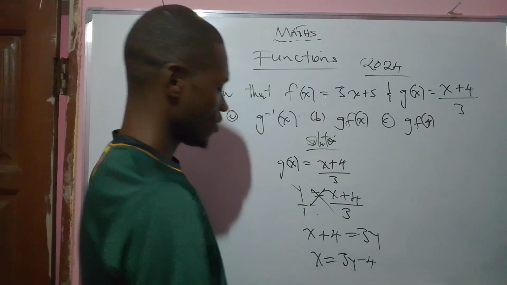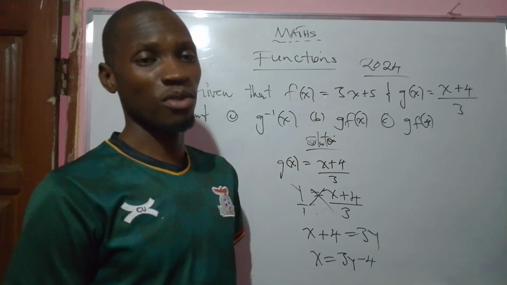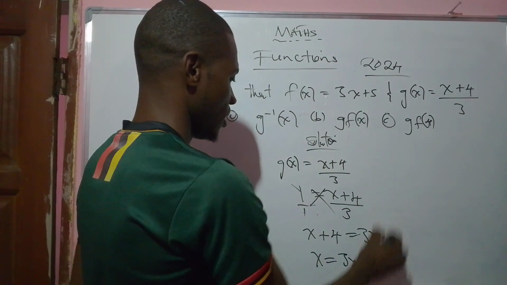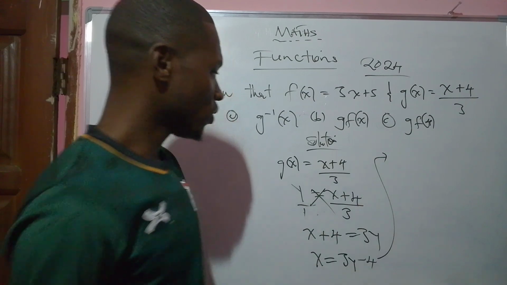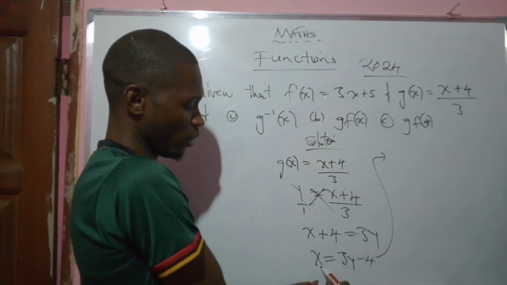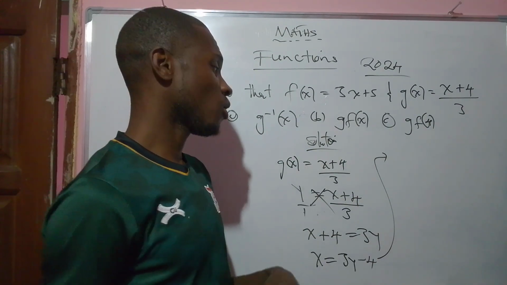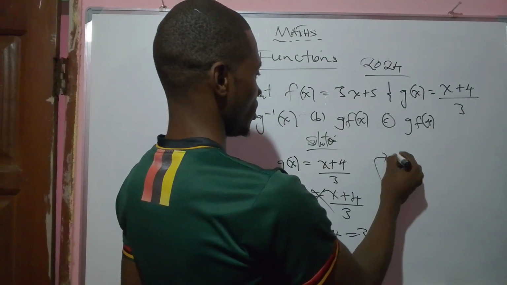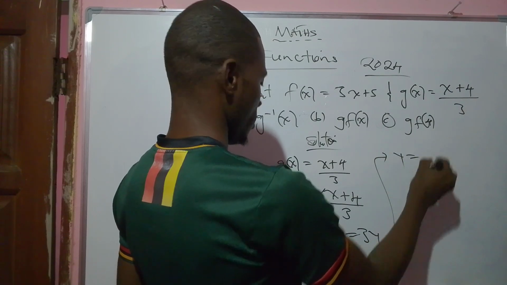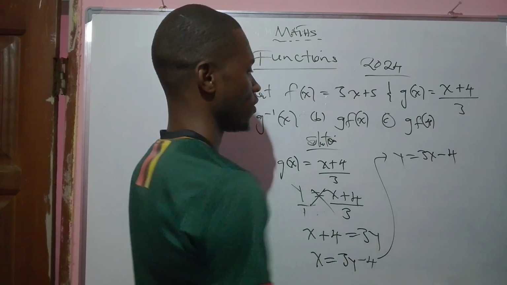So negative 4. Now that you have made x the subject of the formula, the next stage from here, you are going to discover that we will interchange. Where there is x, we'll put y. Where there is y, we'll put x, without considering negative or positive. So we are going to say y is equal to 3x minus 4.